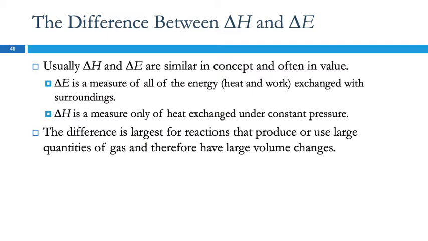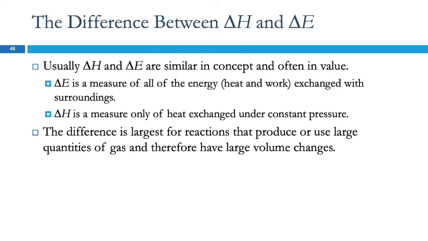Enthalpy and internal energy, they're hard to distinguish. And at the level of Chem 1A, it doesn't really matter. They're very similar in concept, and often they're also very similar in value. Delta E is the measure of all the energy that's transferred, both heat and work, and delta H is a measure only of the heat exchanged under constant pressure.